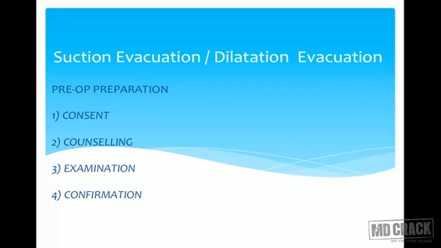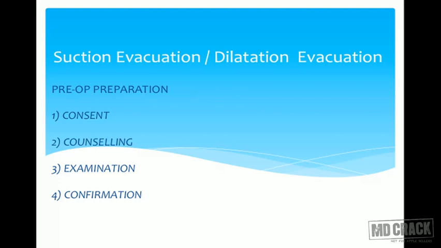So we were seeing the preoperative preparation. We have taken written consent, and counseling we have done. In counseling we should tell her what procedure we are going to do. We have to tell her that it's a blind procedure, so it has complications like perforation. If there is perforation, there can be injury to the intestines and neighboring structures, and there would be bleeding.